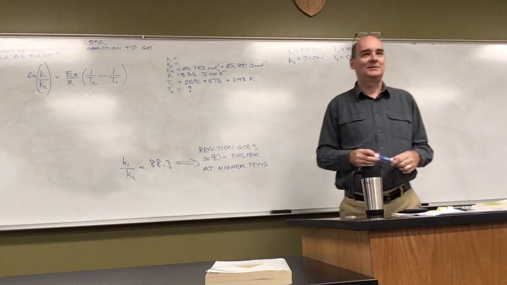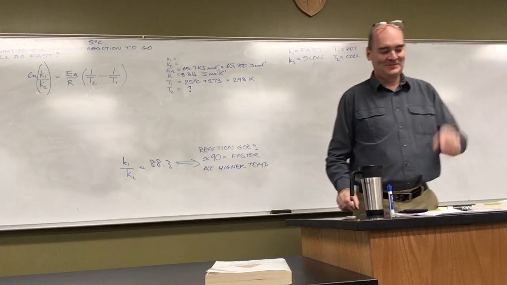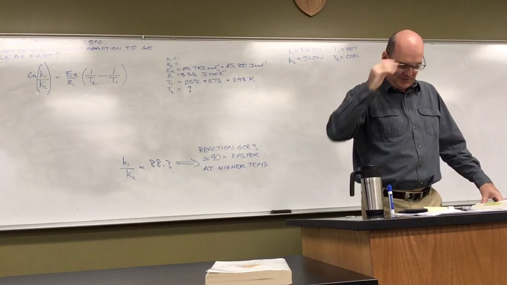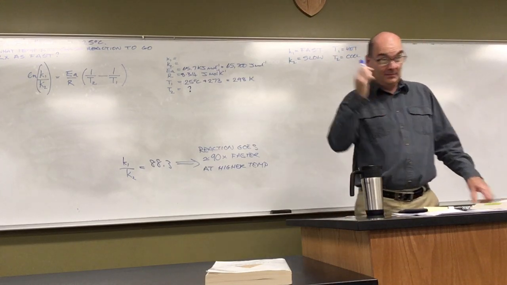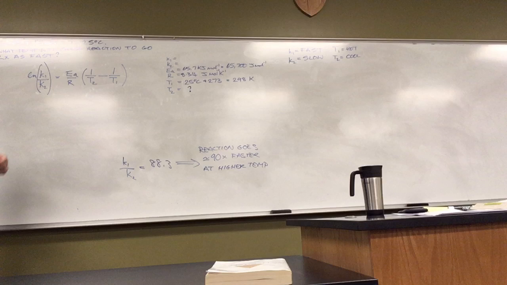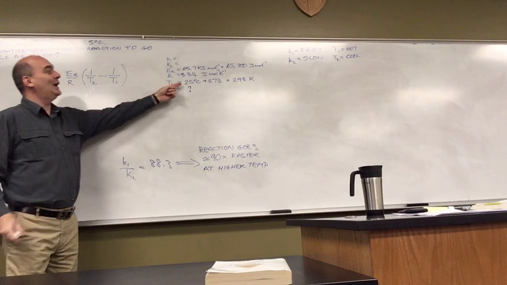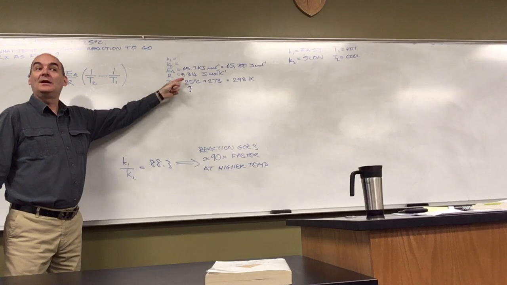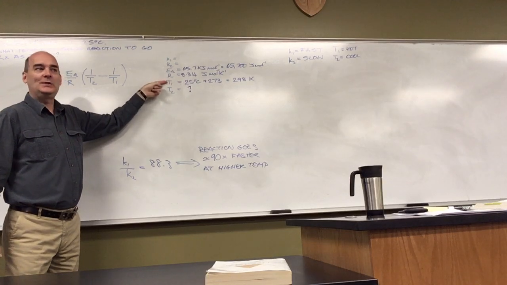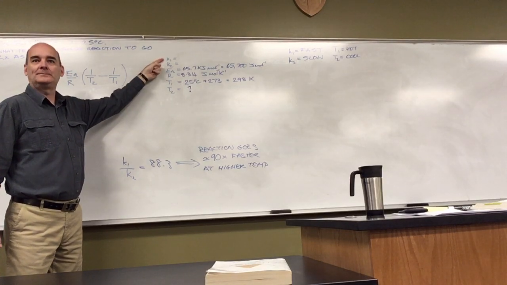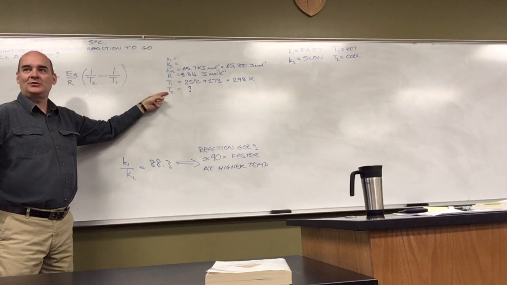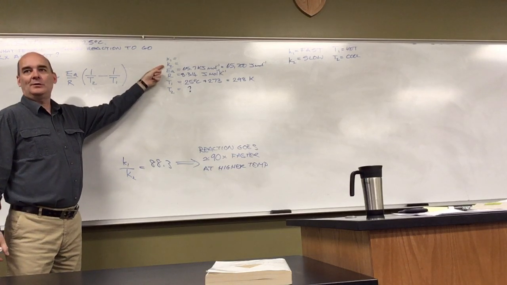Wait. What do I want? Do I want the big number on the top, or do I want the big number on the bottom? It doesn't matter. T1 belongs inherently with K1. Then T2 at the higher temperature will be the higher rate constant.